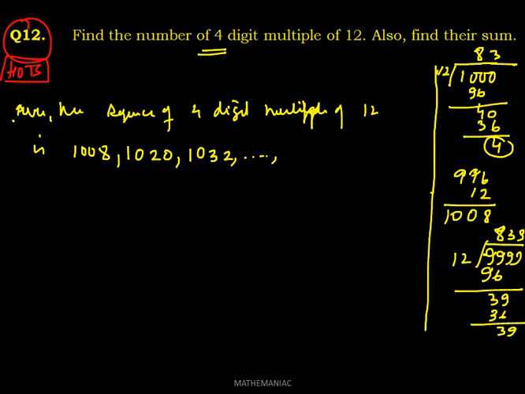This time you have to consider the 4 digit number only; you do not have to consider the next one like we did earlier. Here we consider 9999 minus this 3, because of this 3 it is not a perfect multiple. So the last will be 9996. Did you understand?